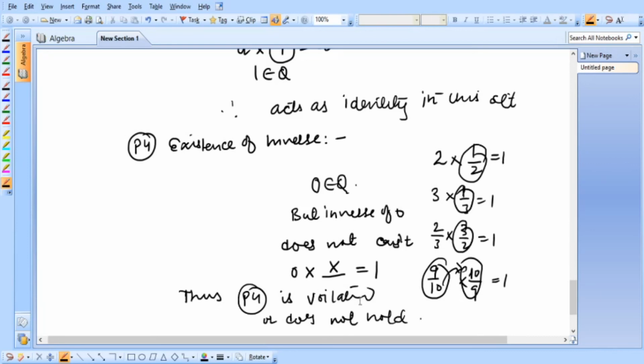Thus we can say the rational numbers don't form a group under simple multiplication.